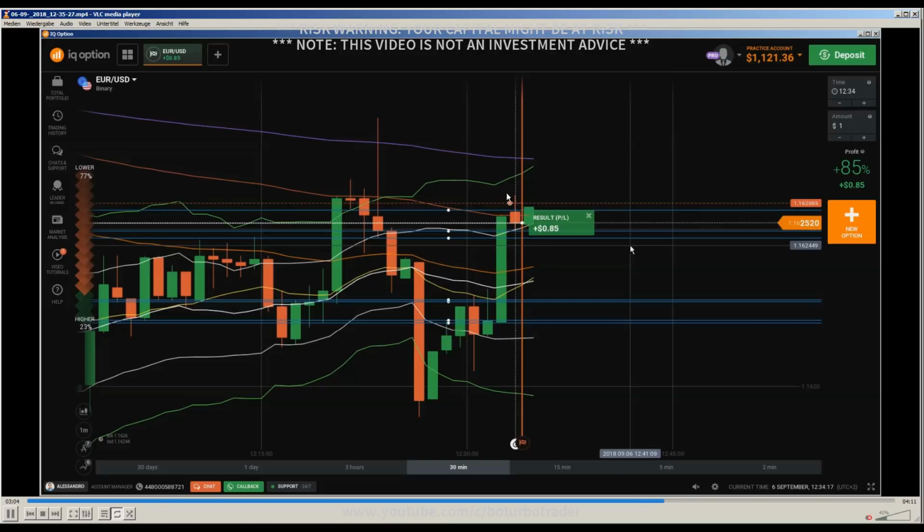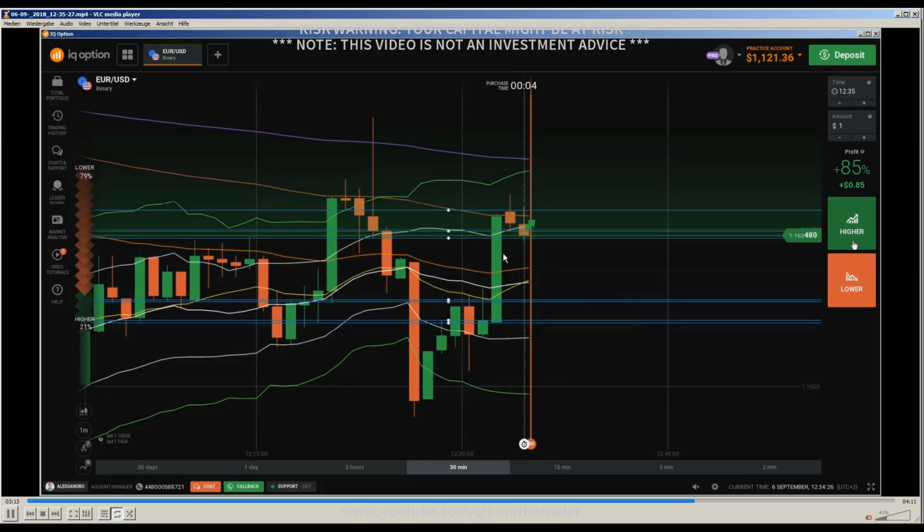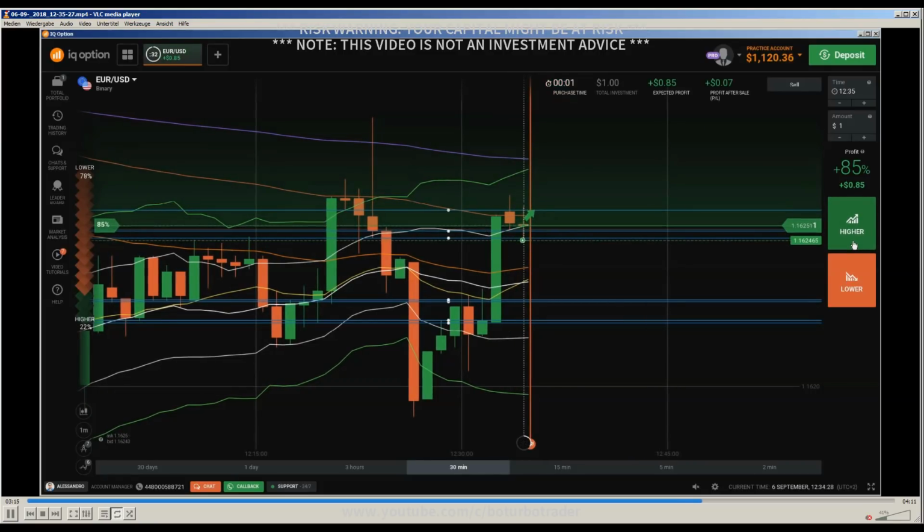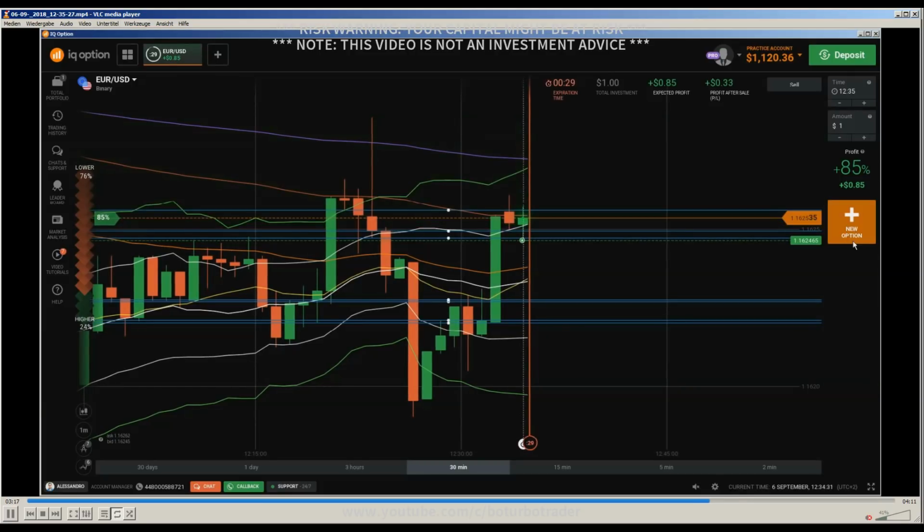I would have expected a bigger bearish candle, but this candle was a weak candle, and it shows me with the upper shadow that price tries to push up further against the 200 EMA.